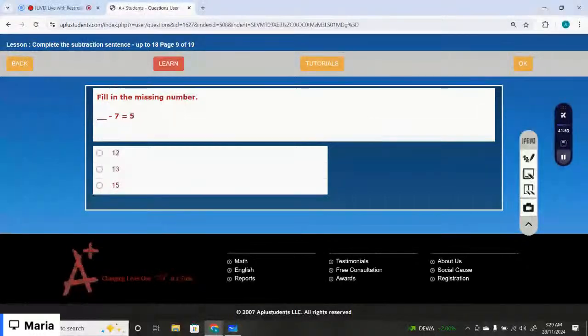Fill in the missing number. That is 12 minus 7 is 5.